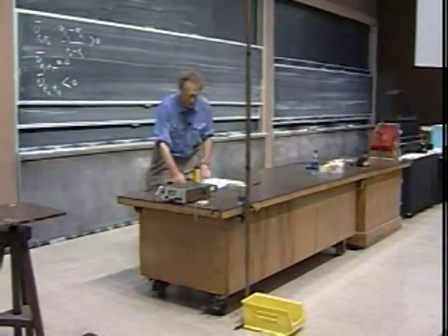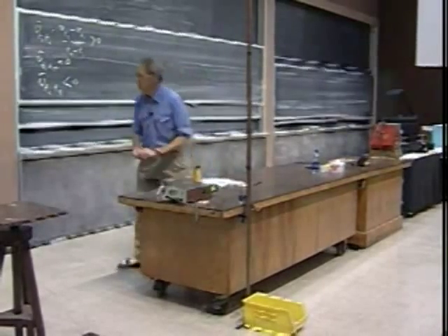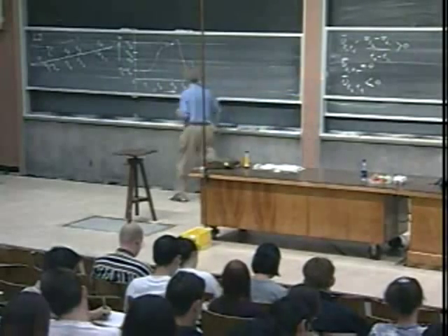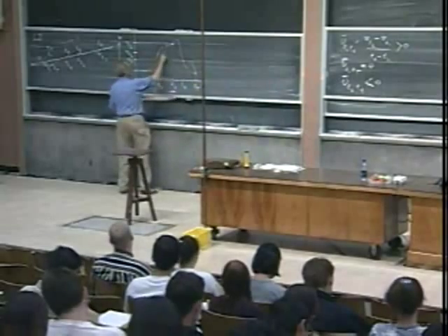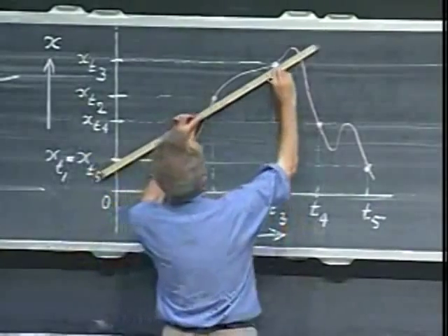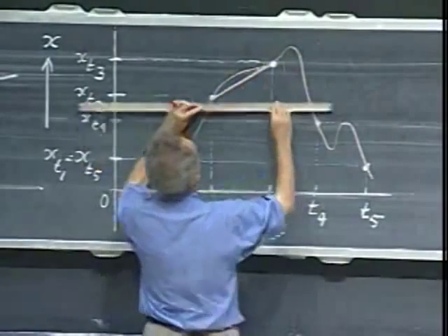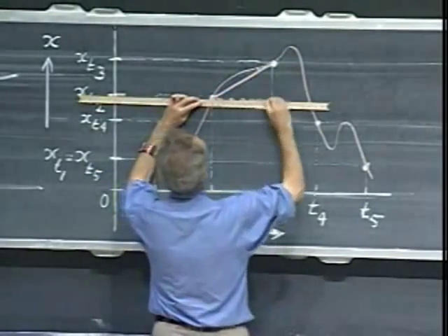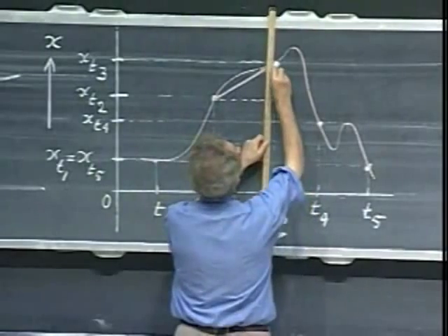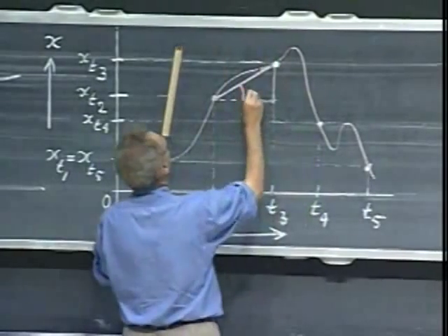And now we will look at the average velocity in a somewhat different way. Say I choose my time t2 and t3. I draw here now this line. And this angle I call alpha.